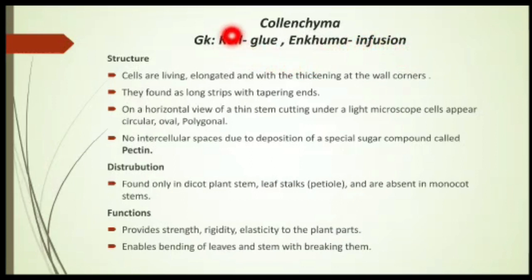So collenchyma means they are the type of tissues which are compactly arranged. They are glued together. You may say the cells are glued or are compactly arranged.